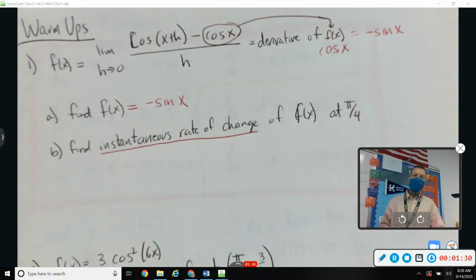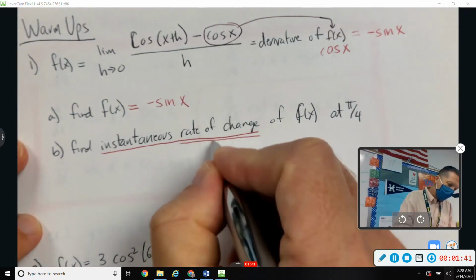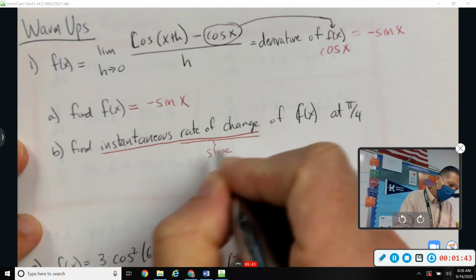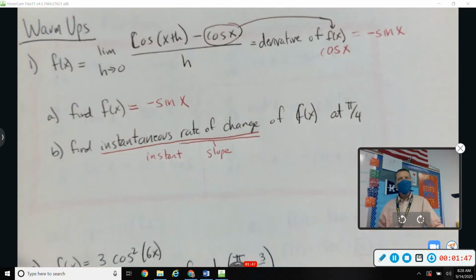What does instantaneous rate of change mean? Let's see. Rate of change is like a slope, but instant slope, as opposed to average slope. Is this algebra or calculus? It's calculus.